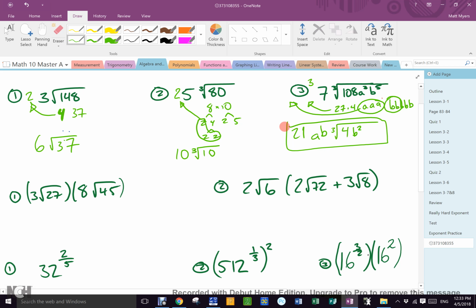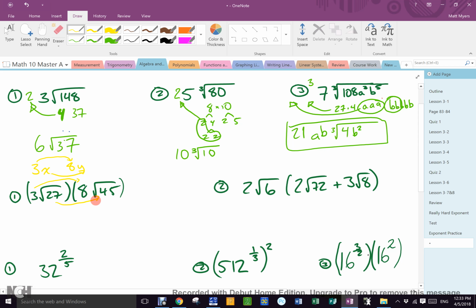No. Okay. Let me remind you, if you don't remember, the way I showed you to learn how to do these was I said it's the same as 3x times 8y, right? The 3 and the 8 go together, and the x and the y go together. So in this case, the 3 and the 8 will go together, and the radicands will go together.